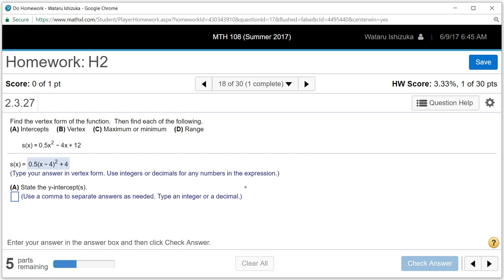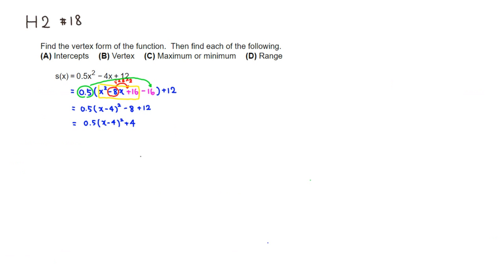Let's find the y-intercept, and probably the x-intercepts too. This is going to be part A. If you want the y-intercept, we set x equal to 0.